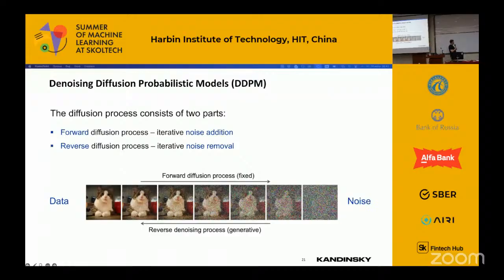But one more time, diffusion consists of a forward diffusion process and a reverse diffusion process. In the forward diffusion process, you gradually add noise to the data. The reverse diffusion process is actually what diffusion models do.